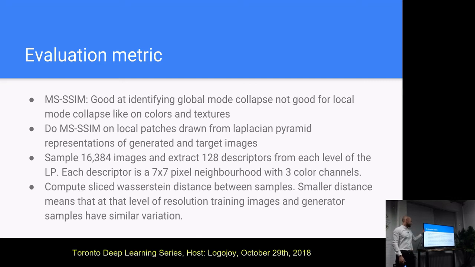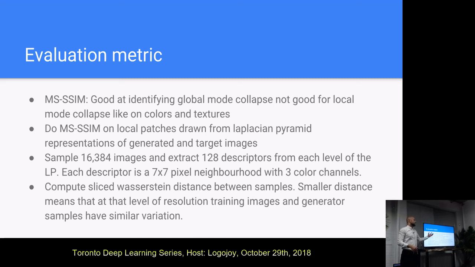So the authors take as their starting point multiscale statistical similarity, and this is a way to compare how similar two images are between each other. And it goes way back into image processing before deep learning days.